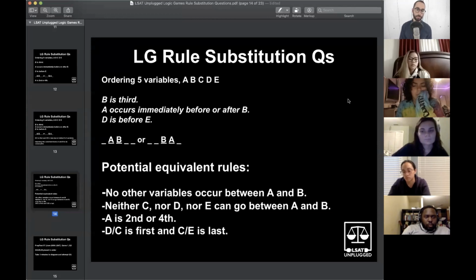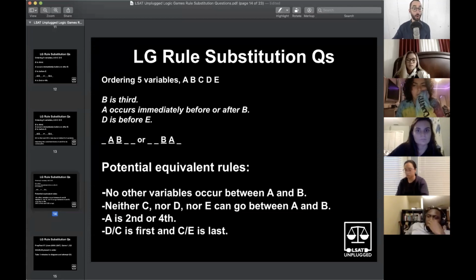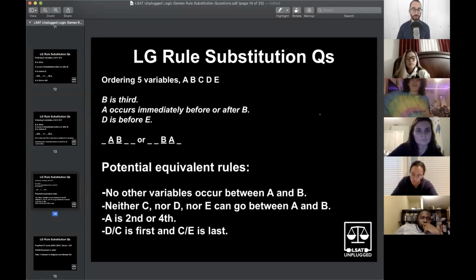A rule substitution. Mm-hmm. Yeah, so in some logic games, the last question is going to be this equivalent rule or rule substitution question where they're asking us for something that is equal in consequence, identical in consequence, but is a different way to say it and maybe even looks completely different, but means the same thing. Kind of like 5 minus 3 is the same as 100 minus 98.